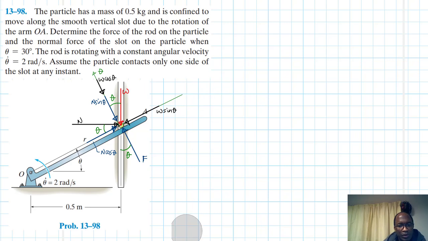Let's write down these things. So there we go. This is our r.